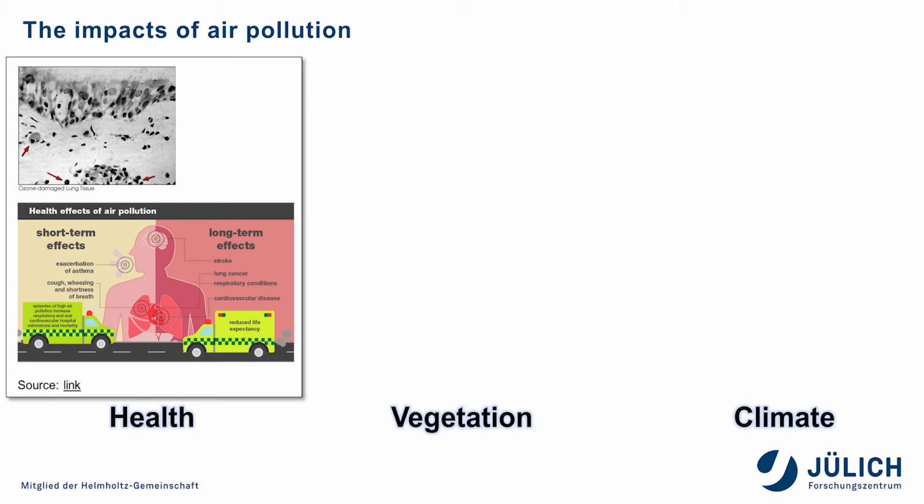We're looking at short-term effects, which are mostly respiratory effects, so exacerbation of asthma, coughing, wheezing, and shortness of breath. And long-term effects, which are more inflammatory related. These are stroke, lung cancer, respiratory conditions, or cardiovascular disease.